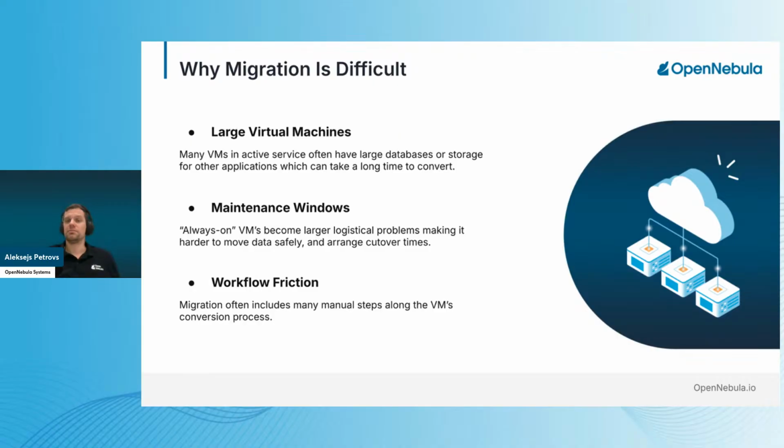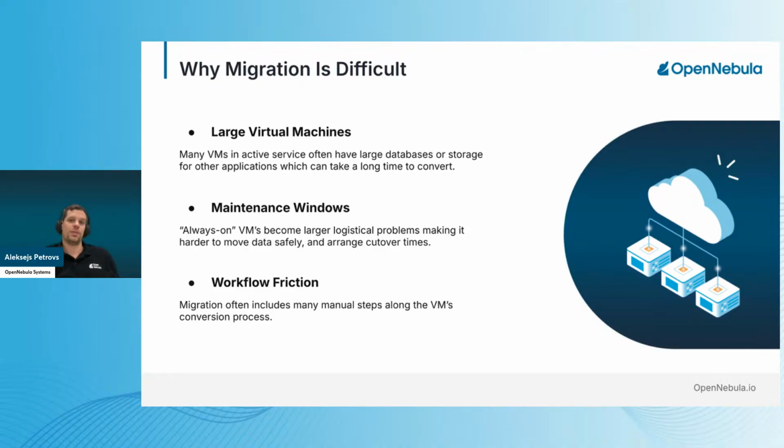Then there are some larger virtual machines that take time to migrate, right? That may result, or you may think that it is going to result in service downtime. If services are active, you don't want that, even if you build HA, right? So you have, let's say, a couple of nodes that are serving the same thing. In case one goes down, you still have another.